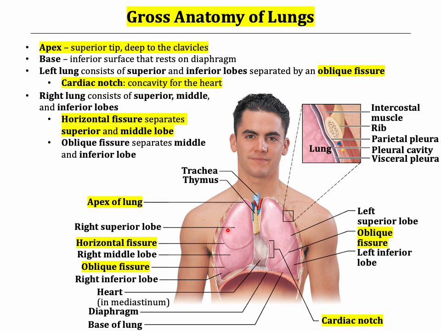Then on the right, we have a superior, middle, and inferior. And since there are 3 lobes, there are going to be 2 fissures. A horizontal fissure, more left and right, but also an oblique fissure running more at a diagonal. And keep in mind that a fissure is a deep, narrow cavity. So these lobes are quite individual or quite separate from one another.